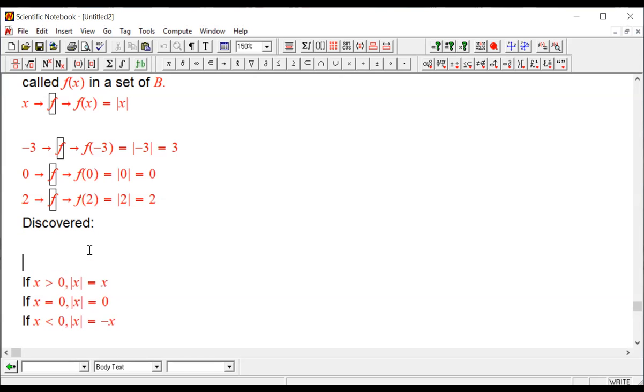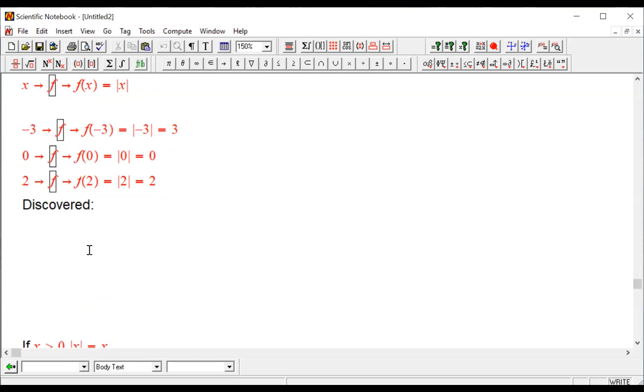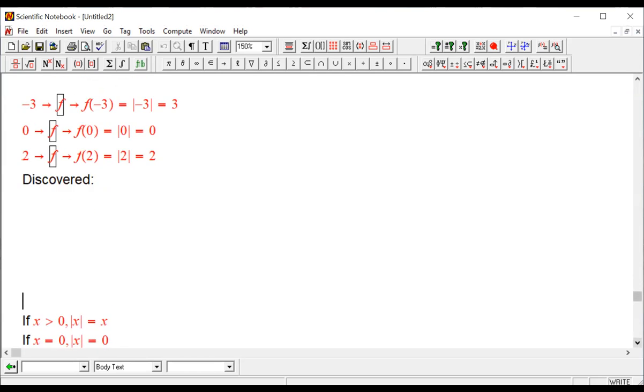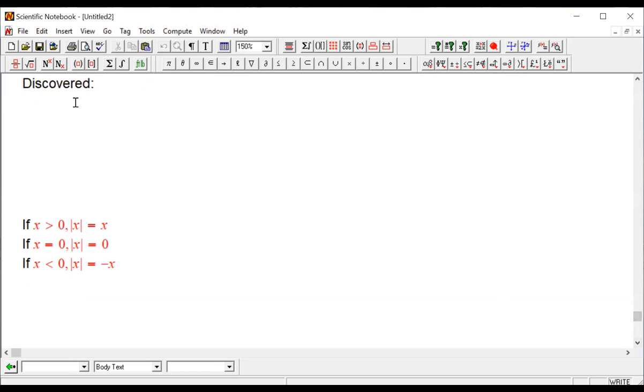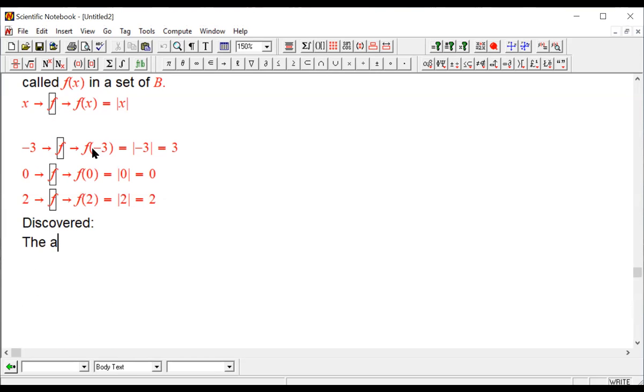I know some of you might have a hard time with it, but it's very important to understand this. The absolute value of a positive number is the same as the number.